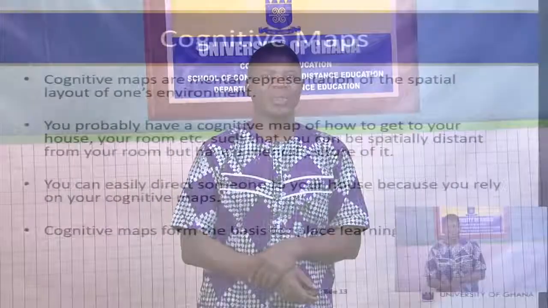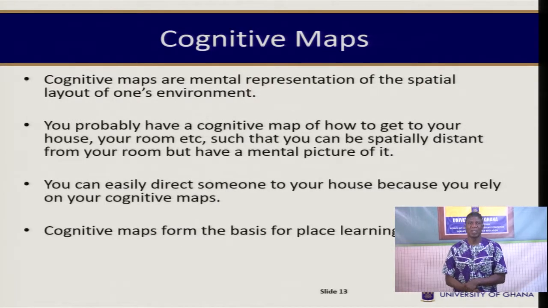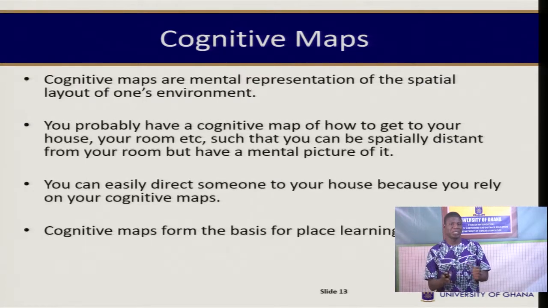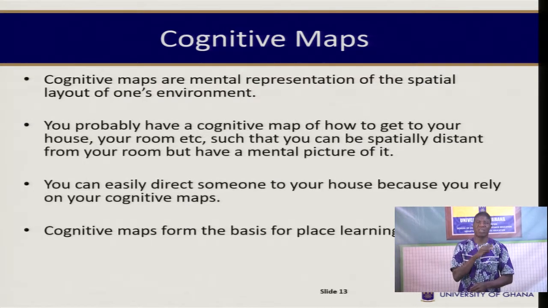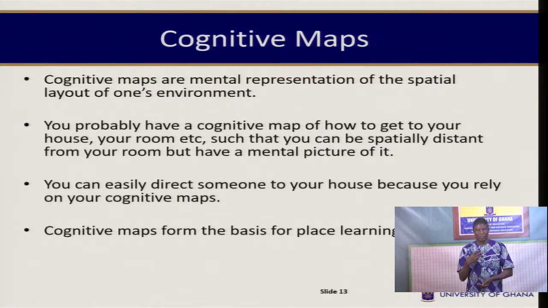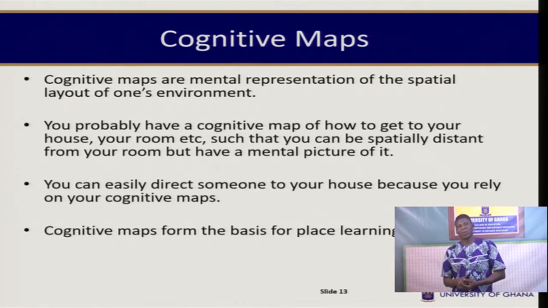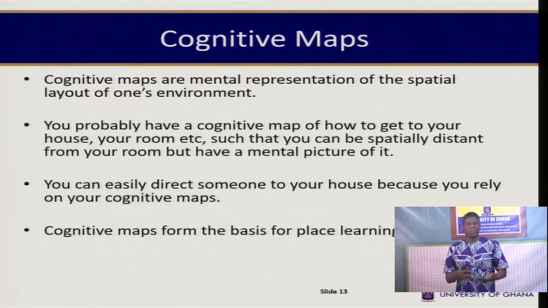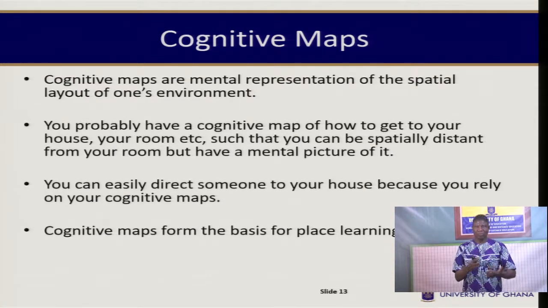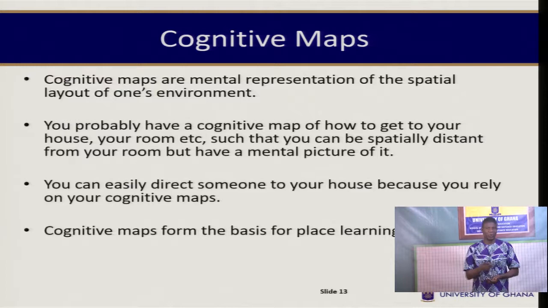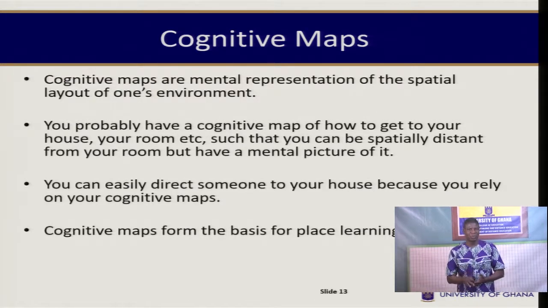So now let's look at cognitive maps. Cognitive maps are mental representations of the spatial layout of one's environment. Everybody has cognitive maps. You might want to direct your friend to your house, because you know where your house is located by virtue of having the cognitive map.